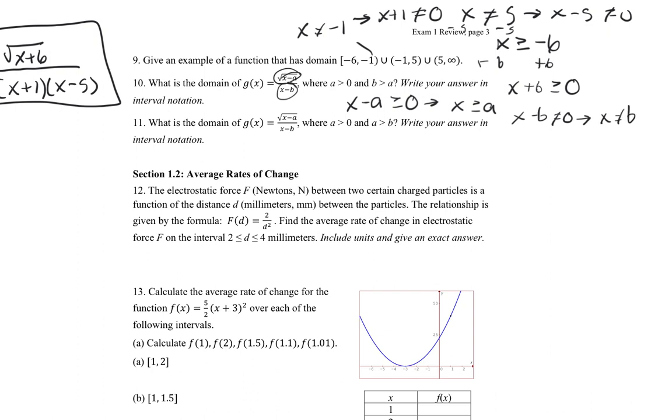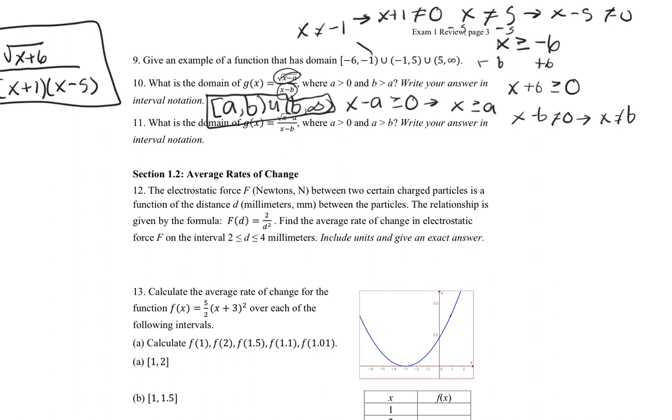And so then if we write that in interval notation, we start at a, that is our starting point, and then we go until we hit b, and it cannot include b. So then we give a parentheses right there, and then a union, and then we pick back up at b and go to infinity. So that is the domain of our function.